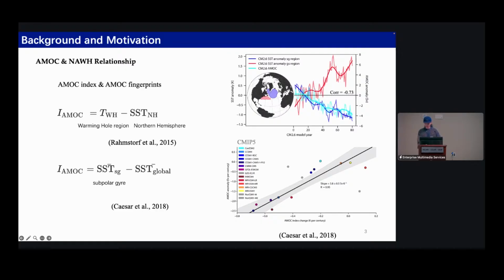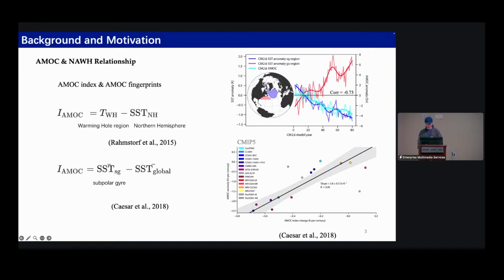As a result, there is a strong correlation between the SST anomaly in the subpolar region in the blue area and the SST anomaly in the Gulf Stream region in the red area. There is also a strong correlation between the AMOC fingerprint index and the AMOC change in 15 CMIP5 models.